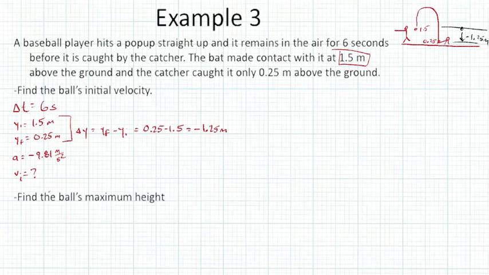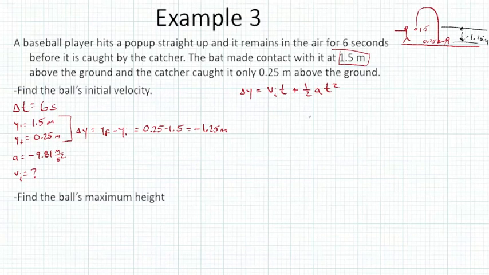So we're trying to find our initial velocity. Well, we have an equation that relates all three of these. That's our equation number 4, and that's this right here. Delta y equals initial velocity times time plus 1/2 times acceleration times time squared. Now I wrote it like this, plus 1/2 at squared.